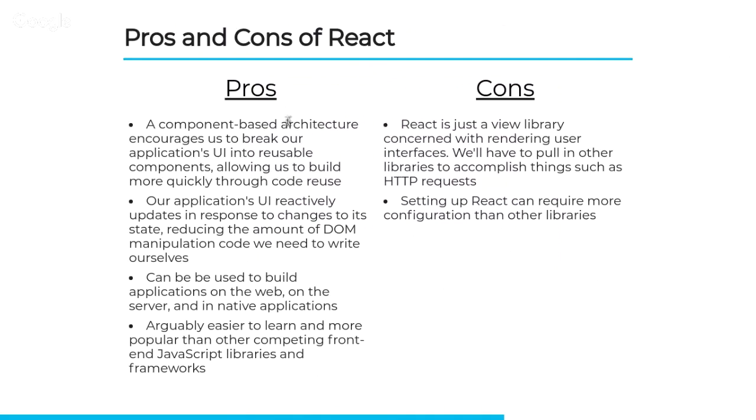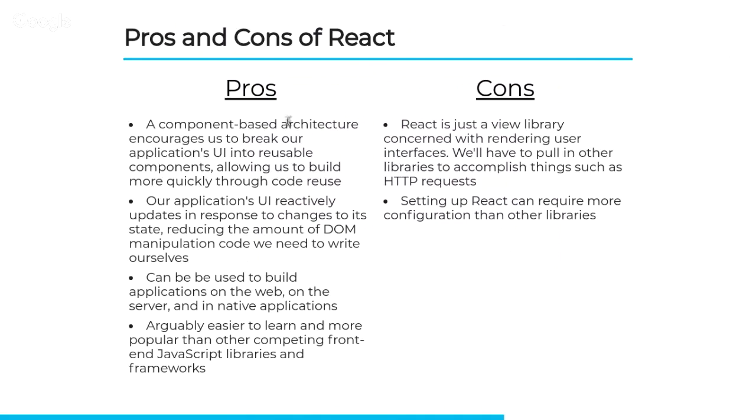Can be used to build applications on the web, on the server, and in native applications. Arguably easier to learn and more popular than other competing front-end JavaScript libraries and frameworks. Yeah, I mean, that's arguable. There are people who would argue for React. There are people who would argue for Knockout.